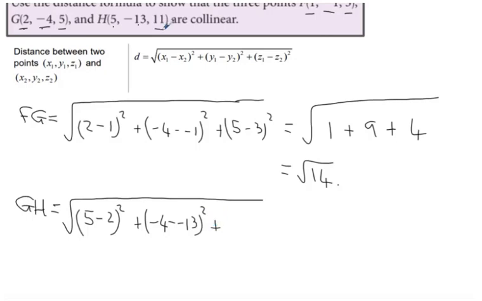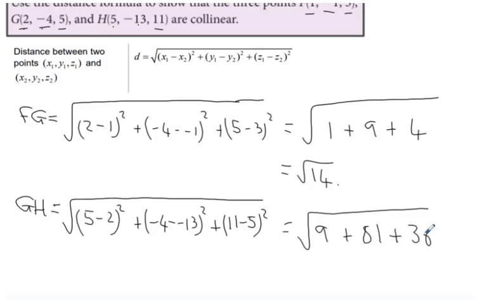So that is 11 and 5, so 11 minus 5, and we square it. So 5 minus 2 is 3, 3 squared is 9, plus minus 4 minus minus 13, it's the same as minus 4 plus 13, which is the same as 13 minus 4, which is 9, 9 squared is 81. Plus, then we have 11 minus 5 is 6, 6 squared is 36.